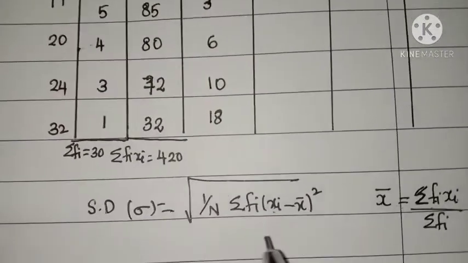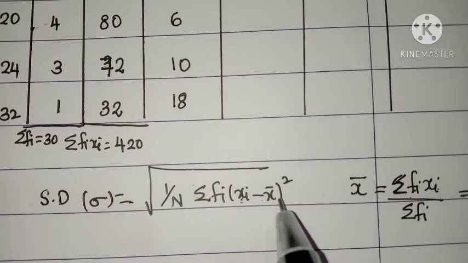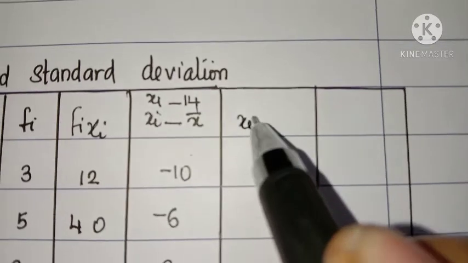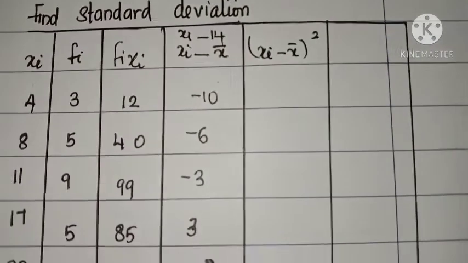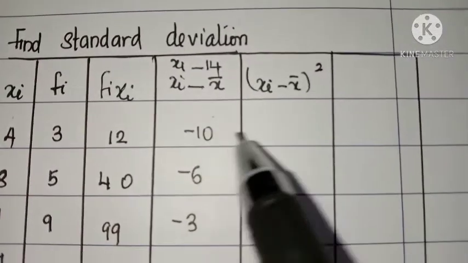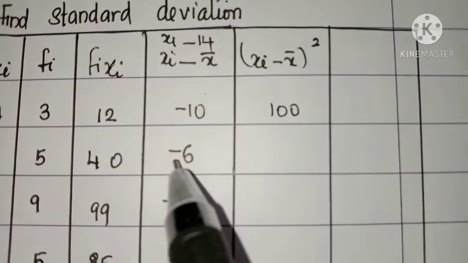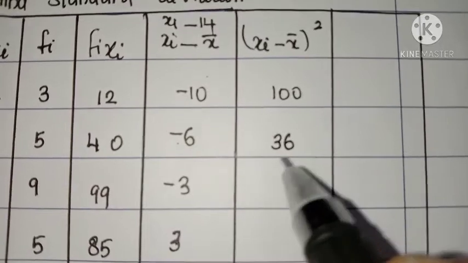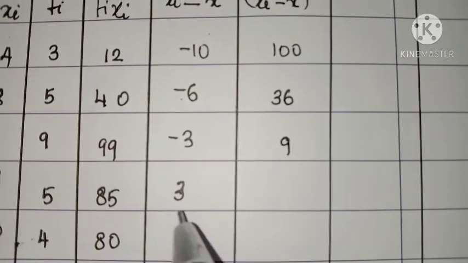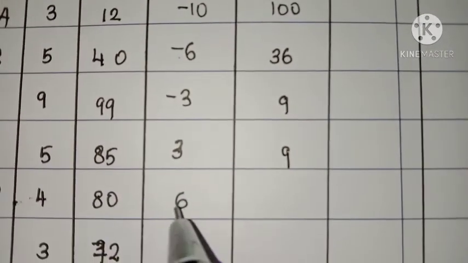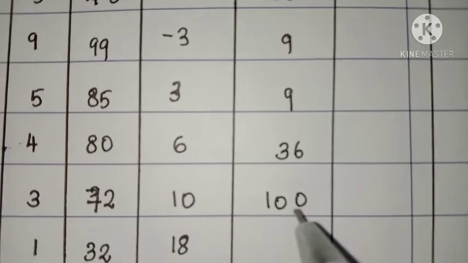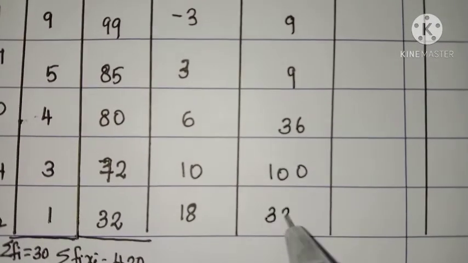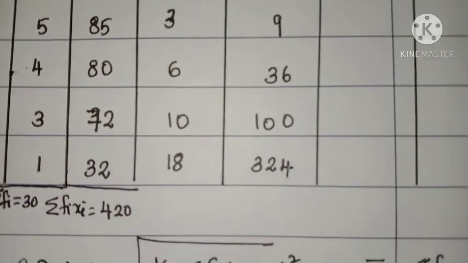Again we need (xi minus x bar) whole square. So the next column is (xi minus x bar) whole square. Find the square of these numbers. Minus 10 square is 100, minus 6 square is 36, minus 3 square is 9, 3 square is 9, 6 square is 36, 10 square is 100 and 18 square is 324.